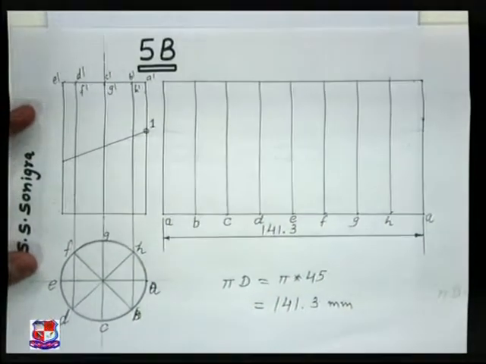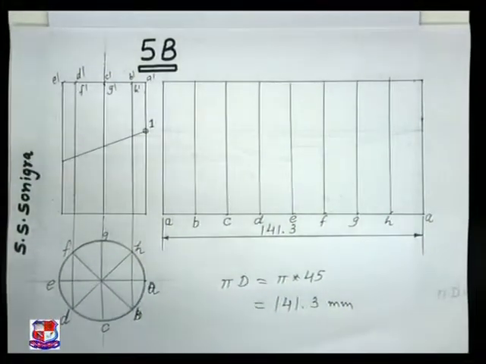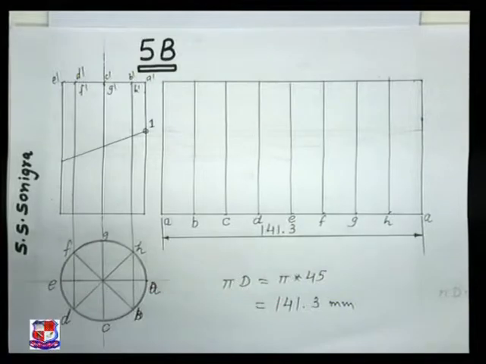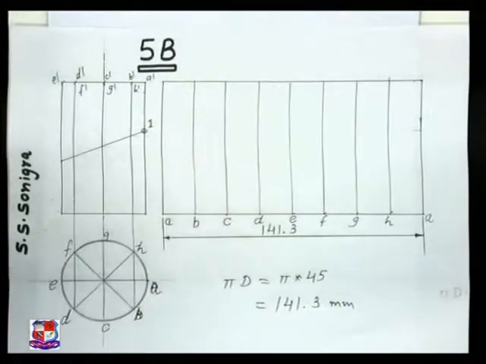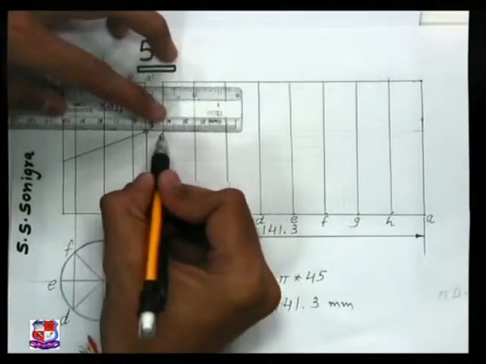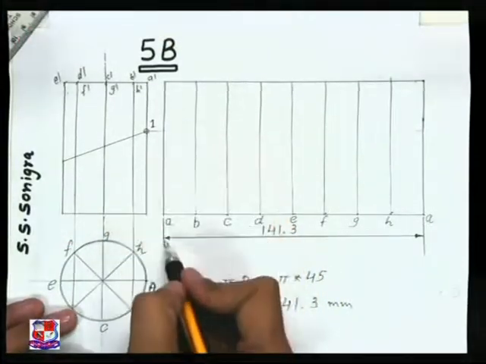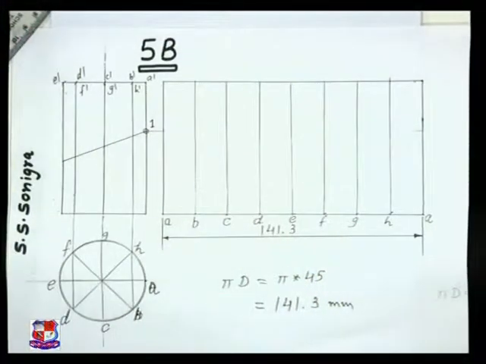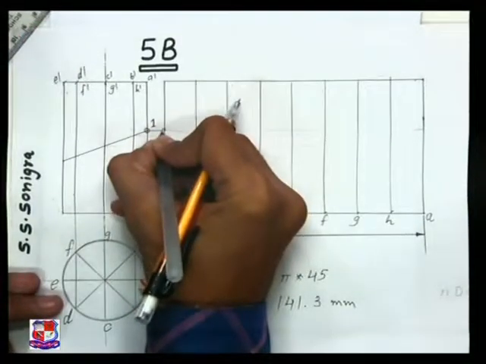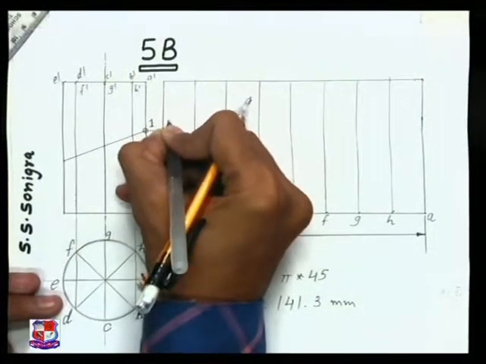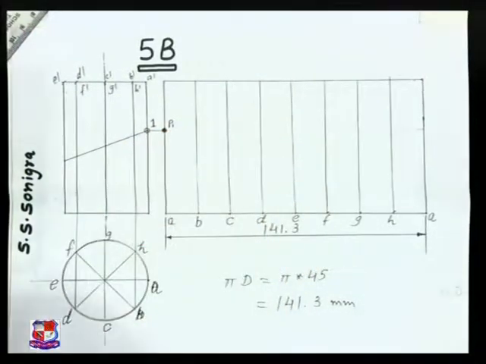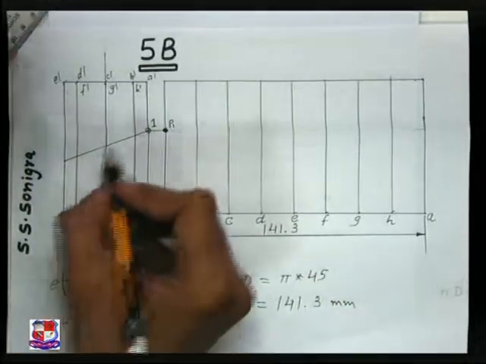Now find out the points of intersection. For that, from point 1 draw a horizontal line. From this point draw a horizontal line that would cut the vertical line from point A at one point. So here is point P1. Now how to find point P2?